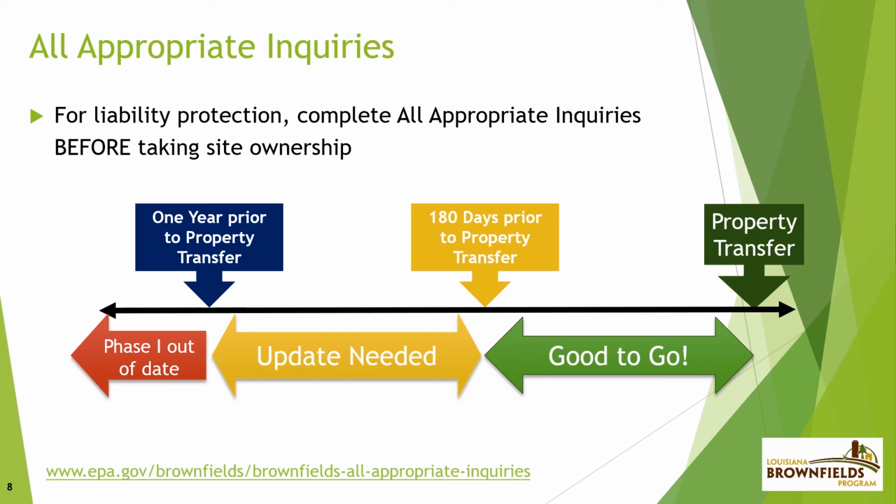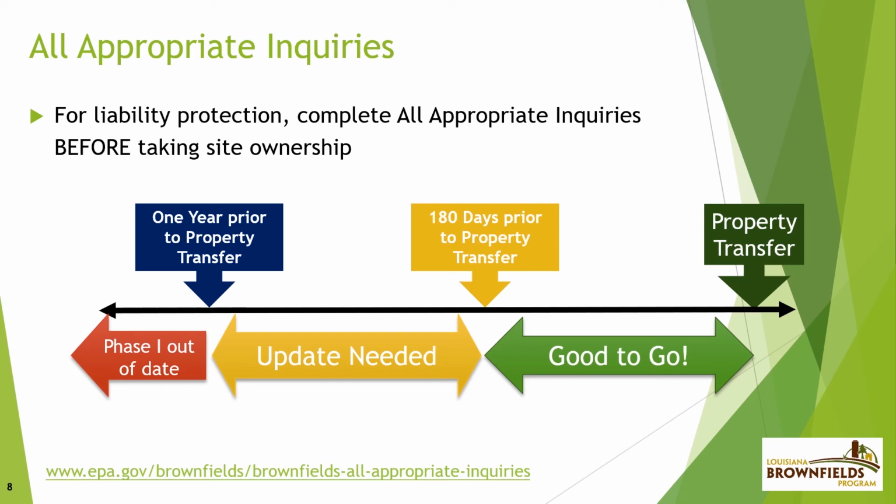And certain parts of the Phase 1 report, like the interviews, the review of government records, the site visit, and searches for environmental cleanup liens, need to be updated after 180 days. So if you did the Phase 1, let's say in April, but you don't complete the property transaction until December, make sure to update that Phase 1 so it's still valid.